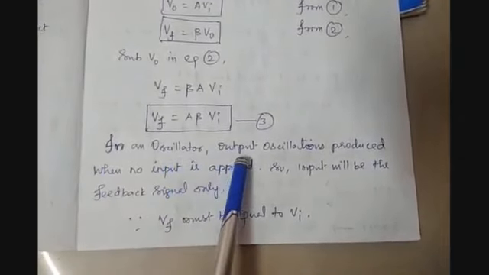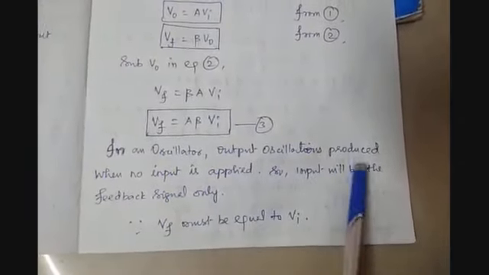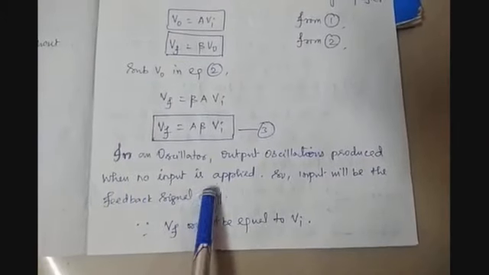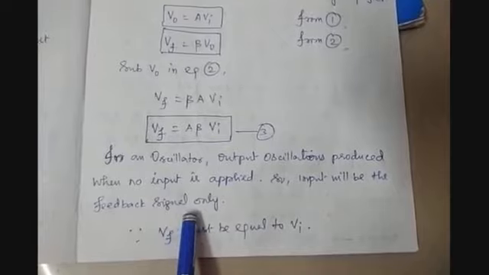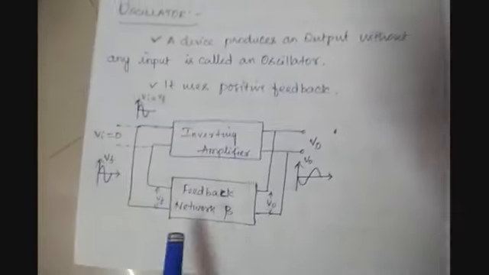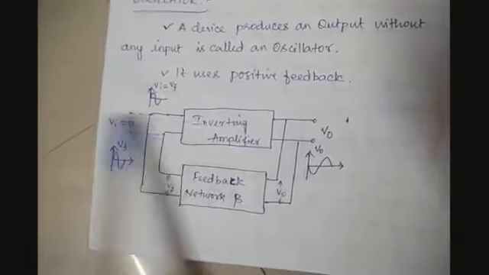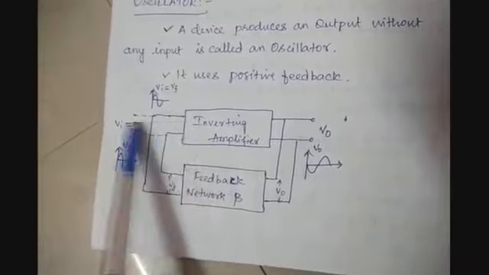Suppose in an oscillator, what we are considering actually is output oscillations produced when no input is applied. So input will be feedback signal only. So feedback signal only, a separate input we are not applying.